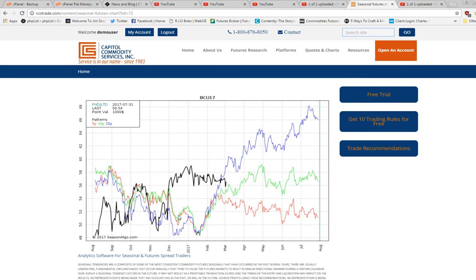If you would have gone long here on these bottoms, you would have bought Brent crude oil close to 58, and right now it's close to 56. You'd be losing pretty good on it. So that's why you can't just buy it because of the seasonal. However, you can use reversal patterns and technical analysis to enter, as long as you define your risk.